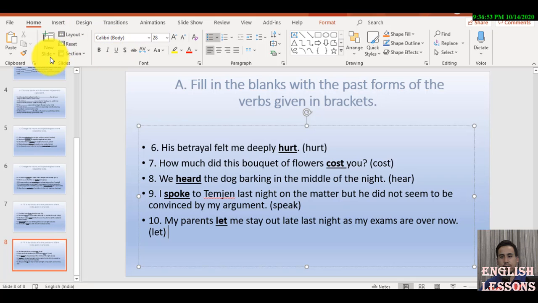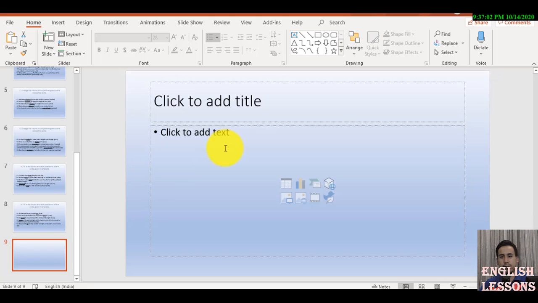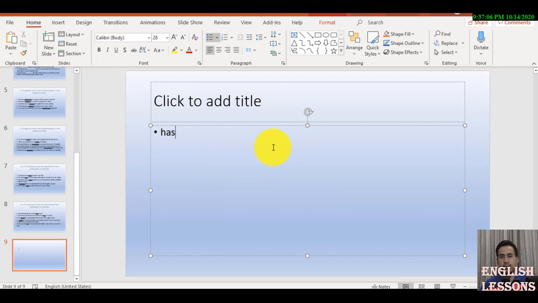Remember, in order to understand, you have to be very thorough with agreement of verb with subject. Remember, has is singular, have is plural. The past tense of has is had, and the past tense of have is also had.